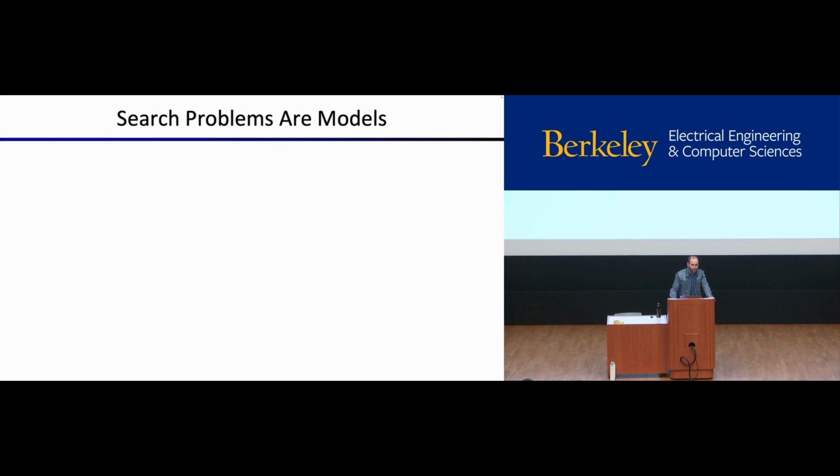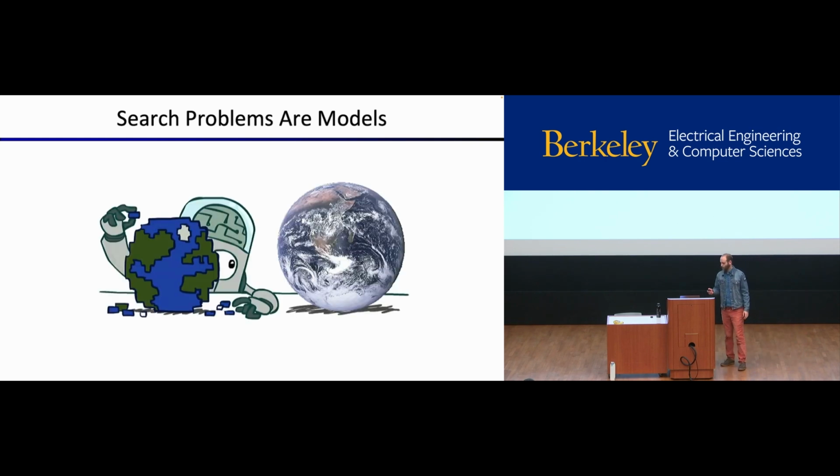Search problems are generally not, well, really never do they actually capture the whole picture of the world. So here's the real world, and here is some model of the world that makes the search problem feasible. The set of states that the real world can be in is enormous.